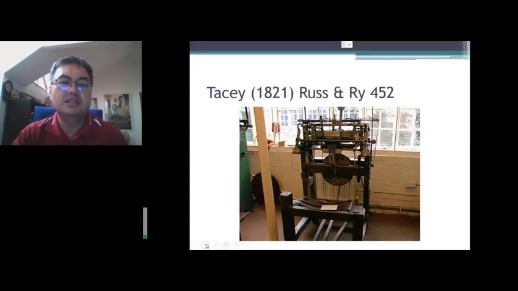In the case of Tacey, it involves a knitting machine like the one you can see in the picture, where a part of this machine was removed and taken away, and therefore the whole machine could not be used at all. So it's considered to have been damaged or even destroyed because its usefulness has clearly been impaired.